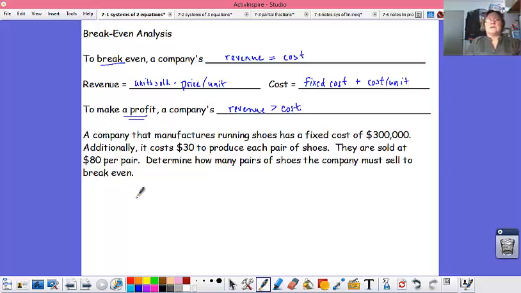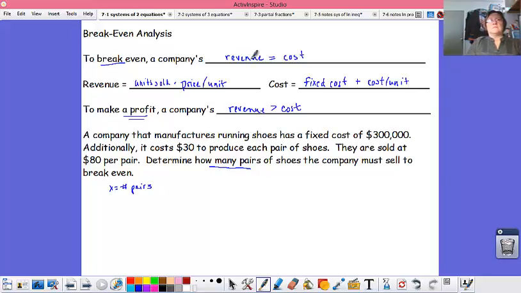A company that manufactures running shoes has a fixed cost of $300,000. Additionally, it costs $30 to produce each pair of shoes. They're sold at $80 per pair. Determine how many pairs of shoes the company must sell to break even. So X is the number of pairs, and we want to break even in this problem.